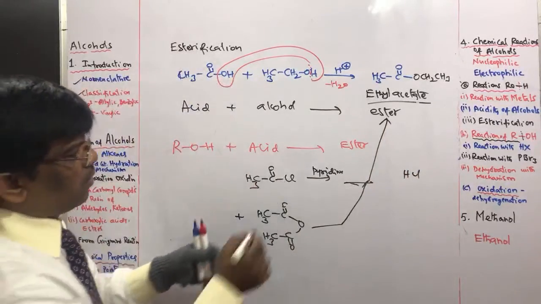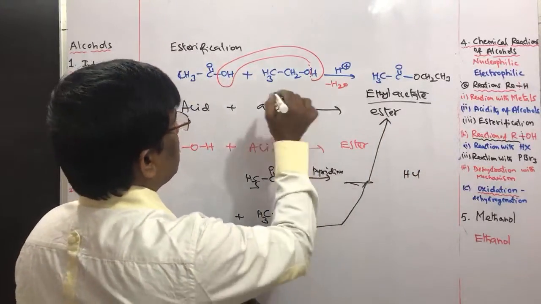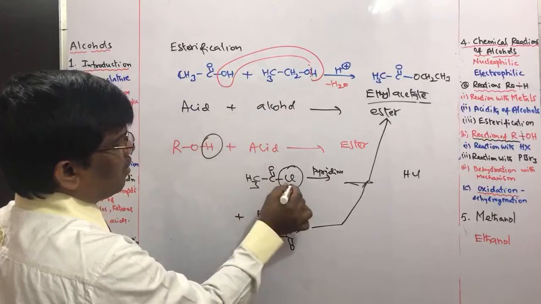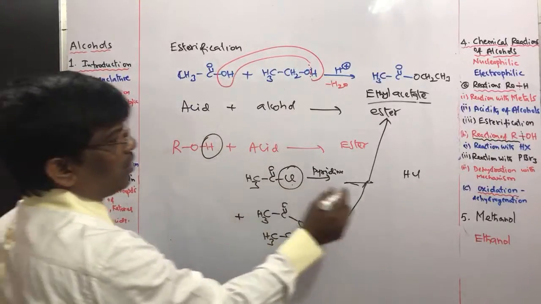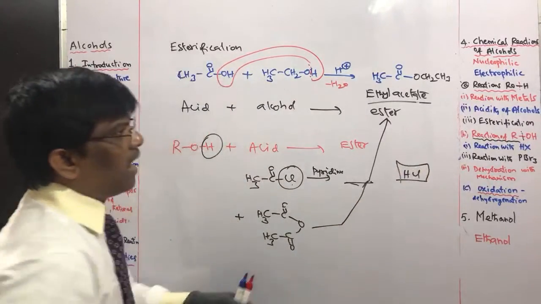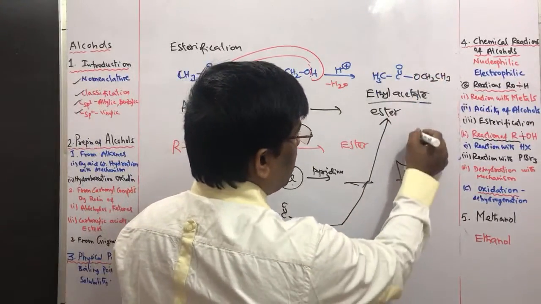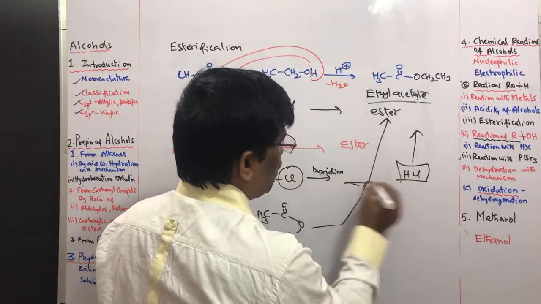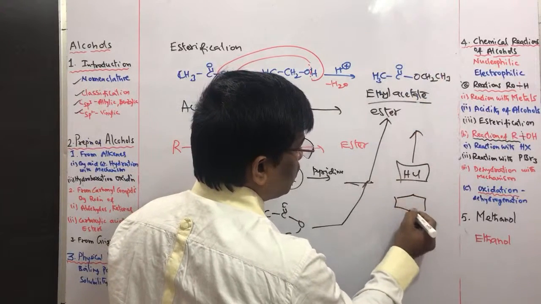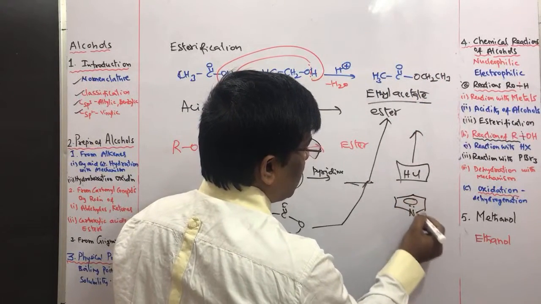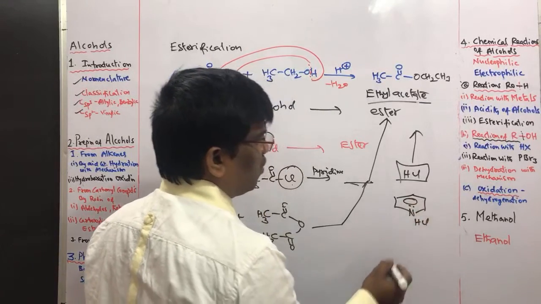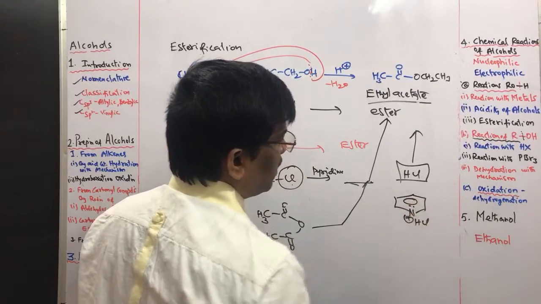The chlorine is going to come out as HCl along with the hydrogen of the alcohol, and this HCl can break the ester. To stop this, we use pyridine, which acts as a base and forms a hydrogen chloride salt with HCl.